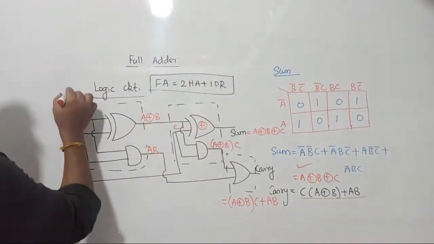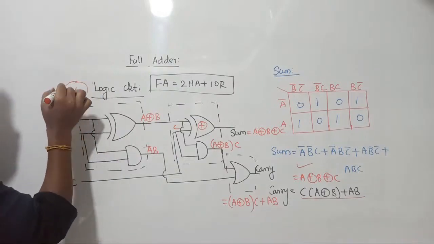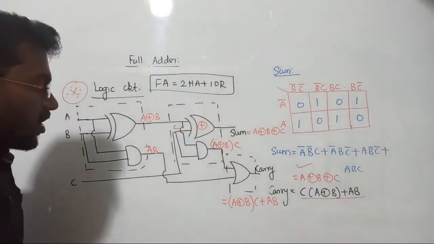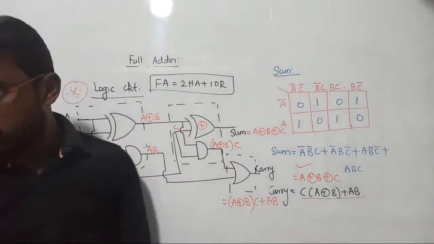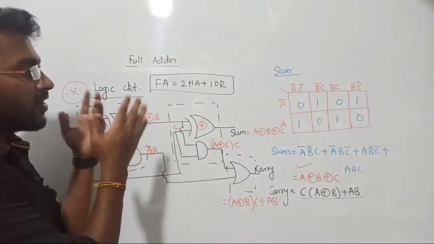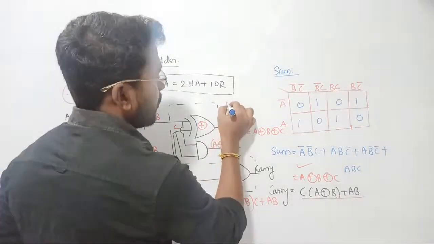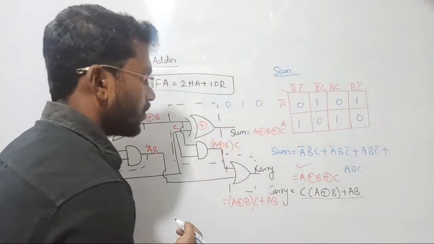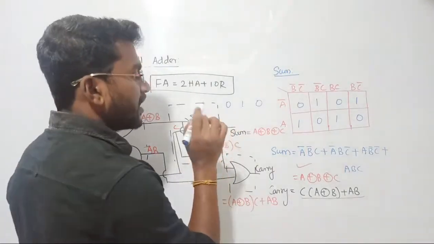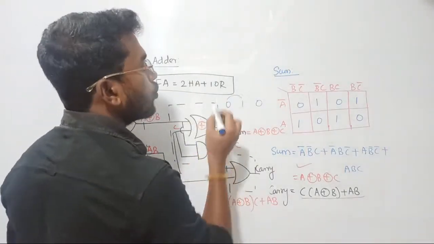So that is how we are designing the full adder circuit. I hope things are very clear to you all, right? But did you notice one thing? In full adder circuits, if you are performing the operation, for example, a variable is given like 0 1 0. How will you perform the full adder operation? In each and every addition, we are considering only 2 bits.